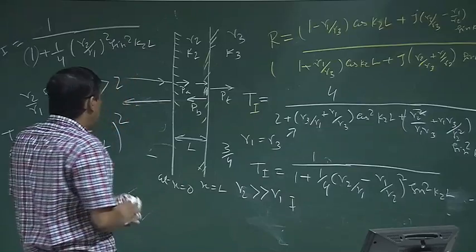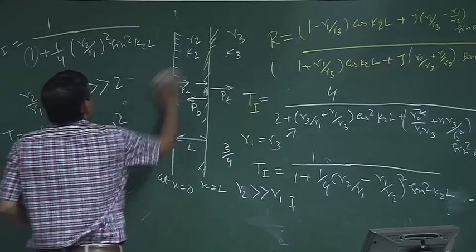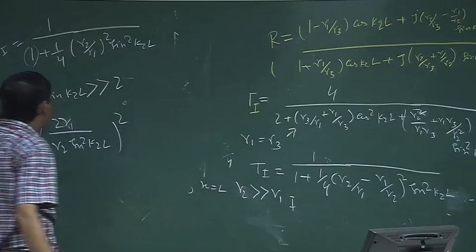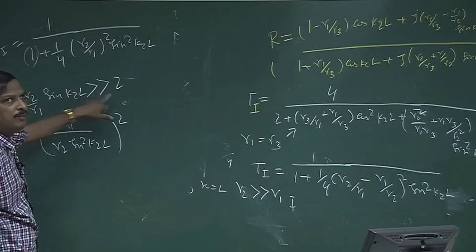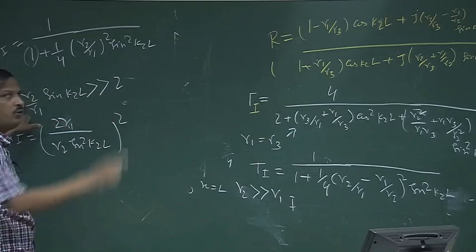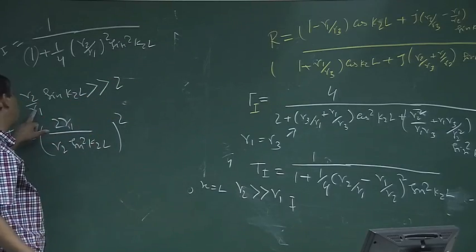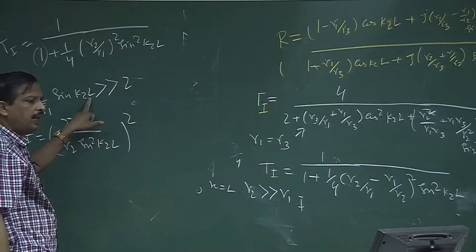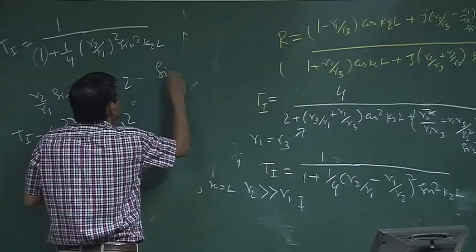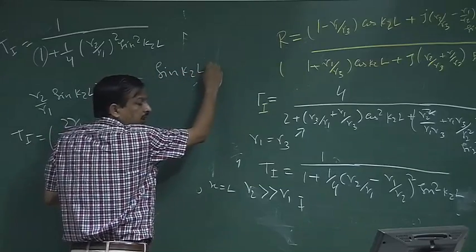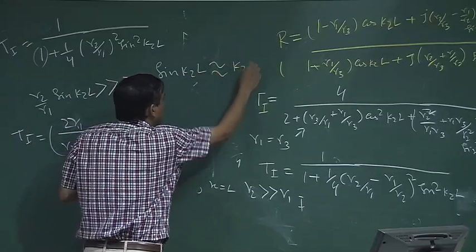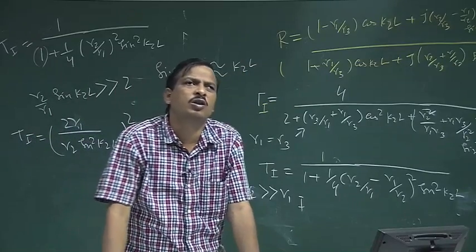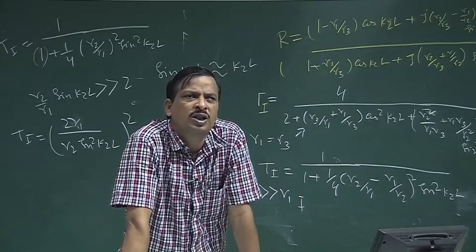Now another simplification. What I said is that R2/R1 sin K2L is much greater than 2. R2 is the characteristic impedance of the wall, R1 is the characteristic impedance of the air, and L is the thickness of the wall. Now, sin K2L is approximately K2L, since sin theta is almost equal to theta.